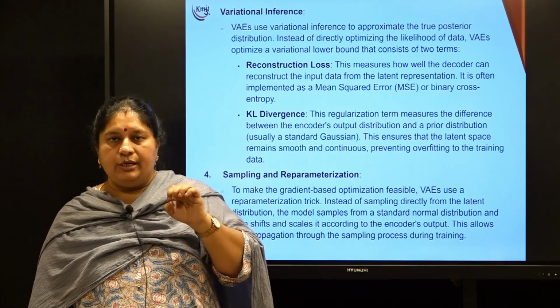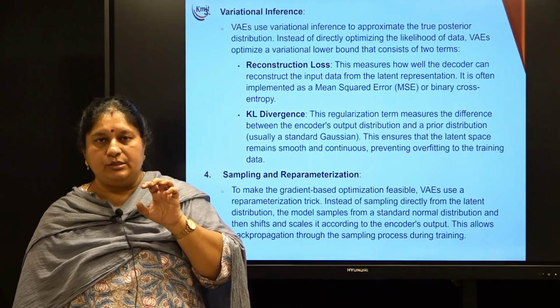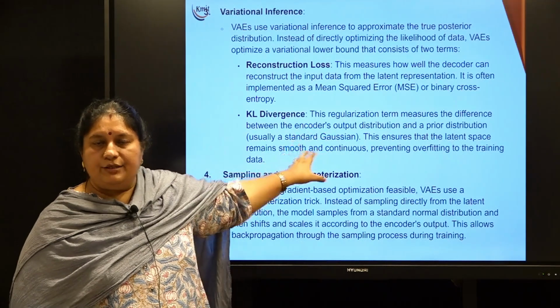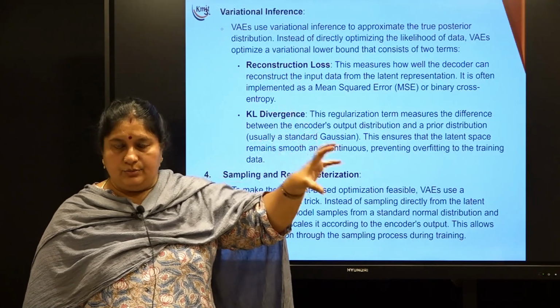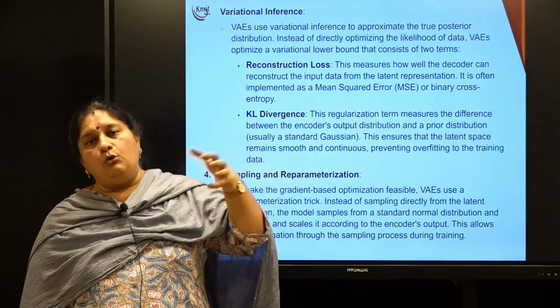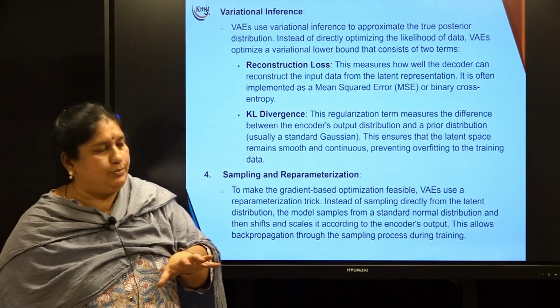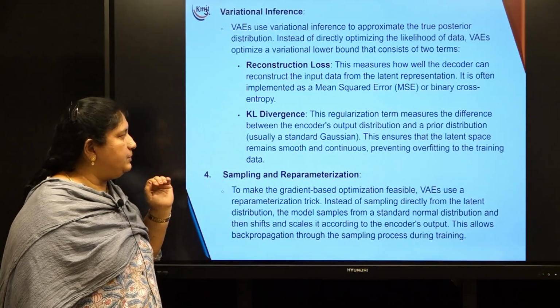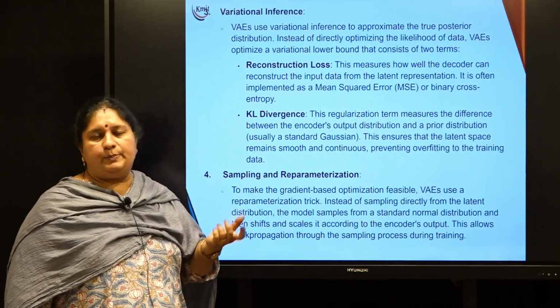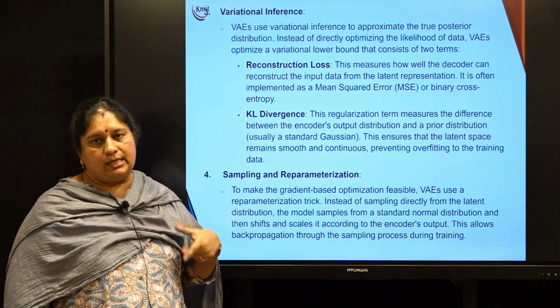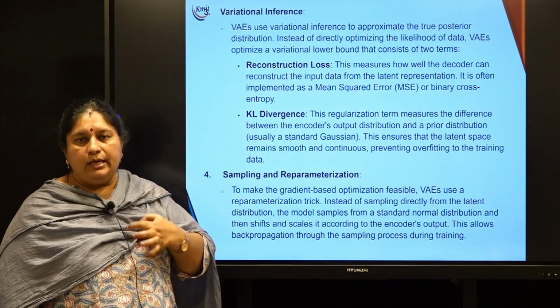The encoder is trying to write the data onto a distribution space, so the KL divergence will see the difference between the actual data distribution and the encoder's output distribution. And this ensures that the latent space always remains continuous and smooth, wherein the decoder can proceed with its functionality.